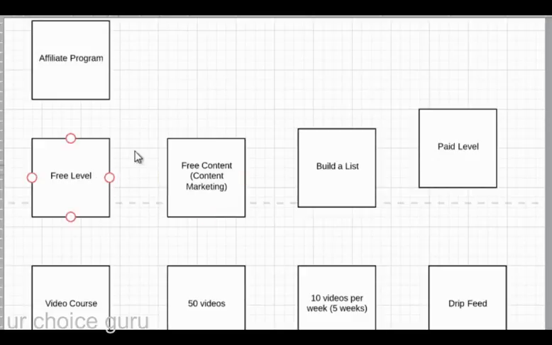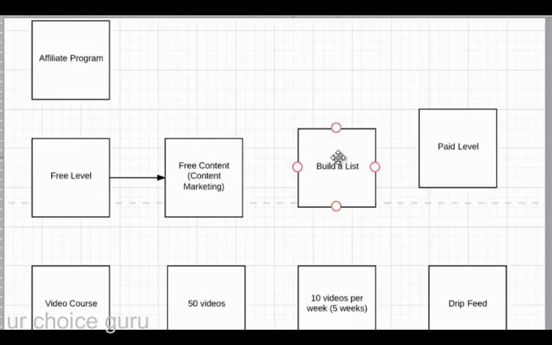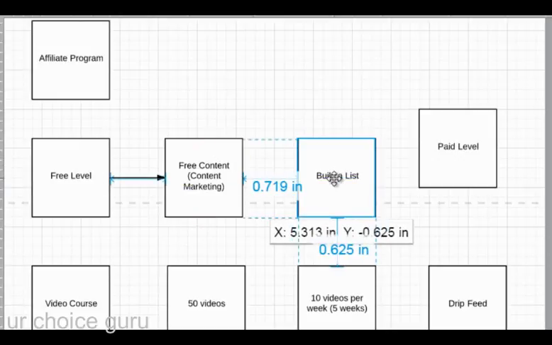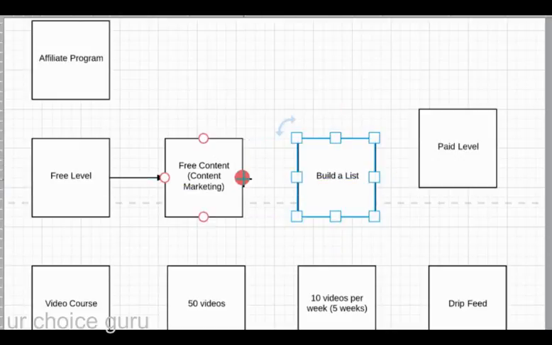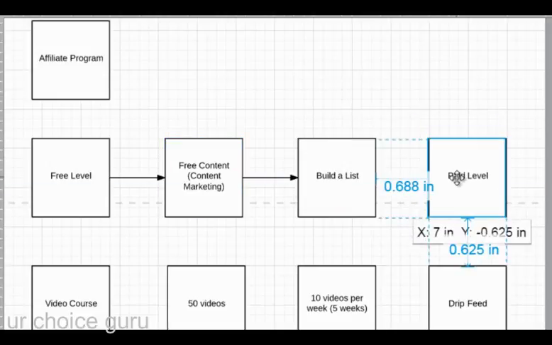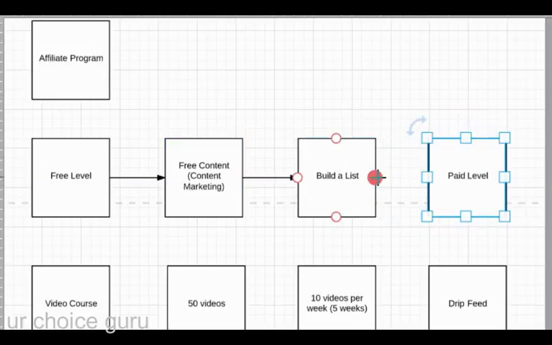Let's put this in order. So obviously we've got free level, and then we're going to make an arrow to go from here to here. And from the free content, we are going to build a list like that. And then we're obviously going to want to sell people into the paid level.